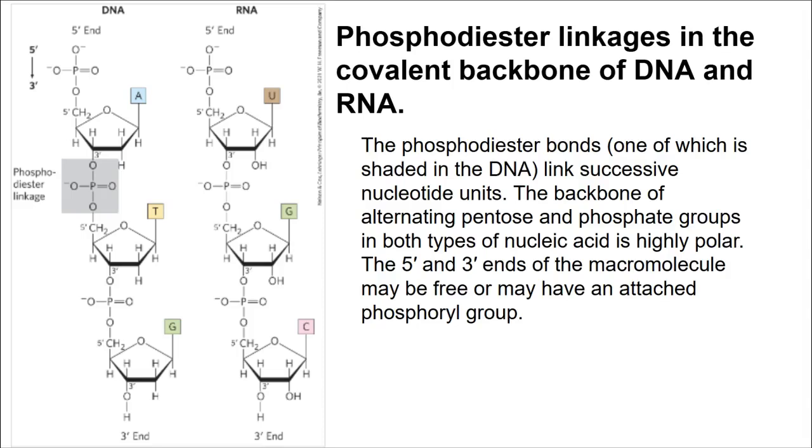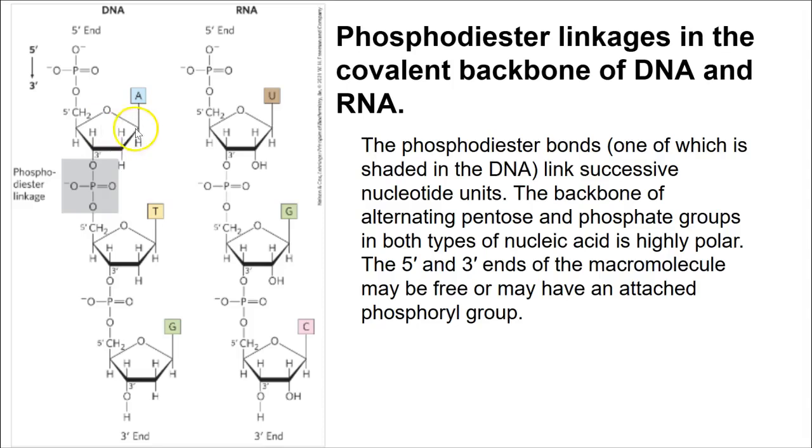The 5' and 3' end of the macromolecule may be free or may have an attached phosphoryl group. When you see DNA having that 5' to 3', the 5' is associated with the carbon on the pentose ring.